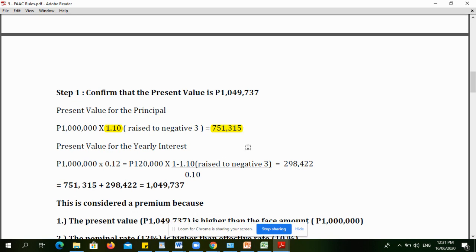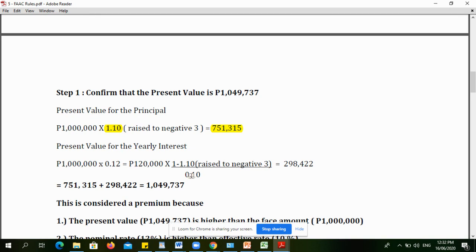But pag pinag-uusapan natin bonds, kailangan din nating mag-amortize for the yearly interest. And the yearly interest is based on multiplying the face value times the stated rate. So, 1 million pesos times the stated rate of 12% equals 120,000 pesos.